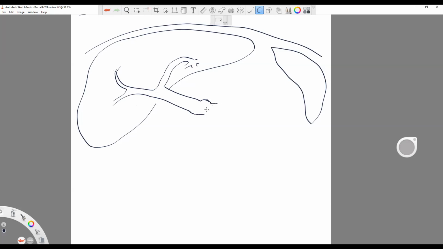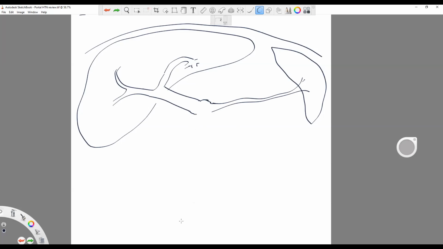But then what is a confluence of? It's a confluence of two veins. One is the splenic vein, and the other, let me erase just a little bit of this here because I kind of screwed that up, is the superior mesenteric vein.